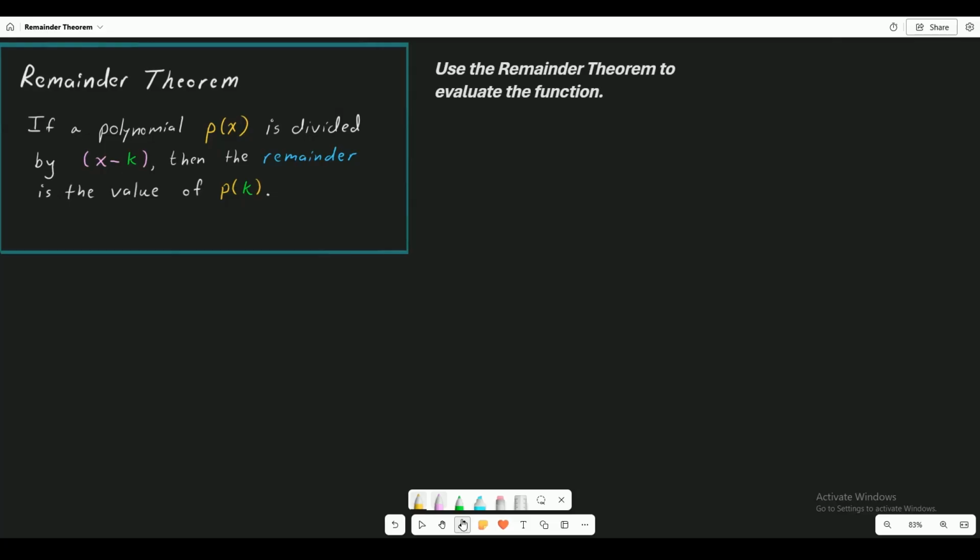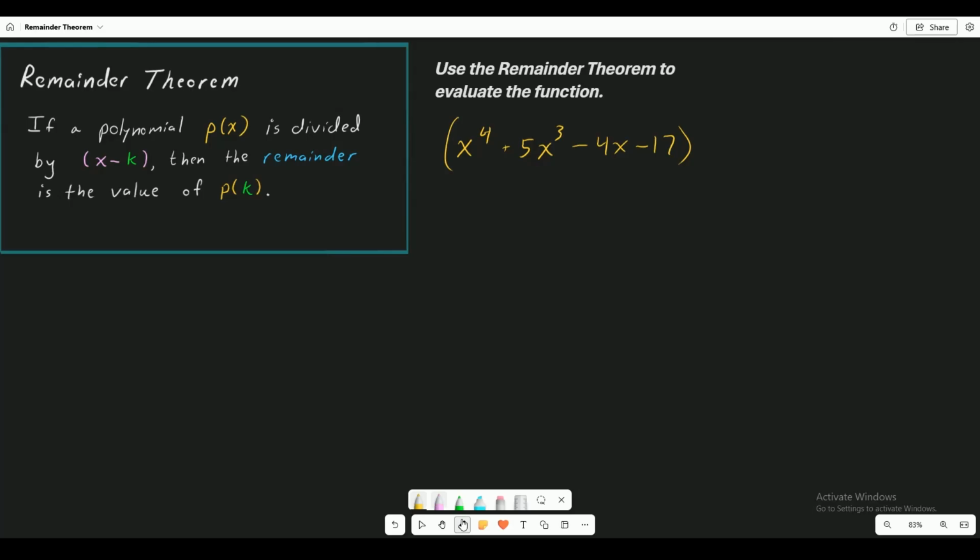So another problem I have prepared for you guys is this one. We have x to the 4th plus 5x cubed minus 4x minus 17.